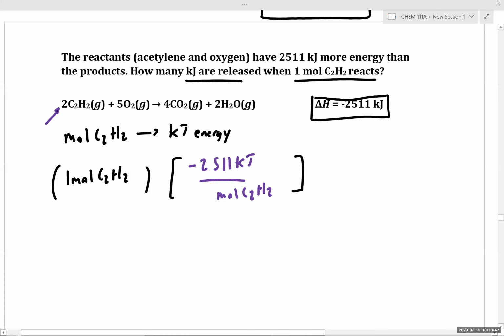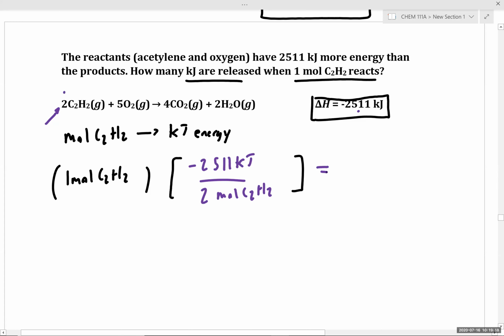How many moles of acetylene are reacting in our prototypical chemical equation? 2, exactly right. So this conversion factor is obtained by looking at your chemical equation, writing the enthalpy over the reaction coefficient for that reactant.